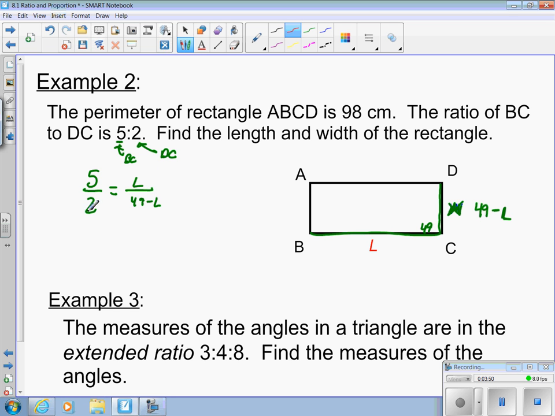Now we can go about solving this. You've probably seen before, and we're going to talk about it later, one of the properties of proportions is that their cross products are equal. So I can take 2 times L, and also 5 times the 49 minus L. And now I can solve this for L to get my answer.